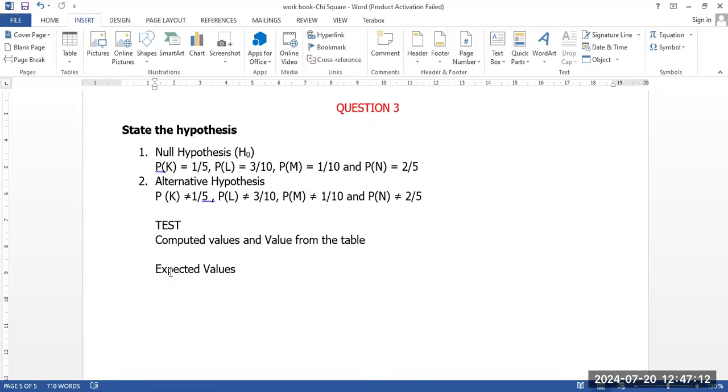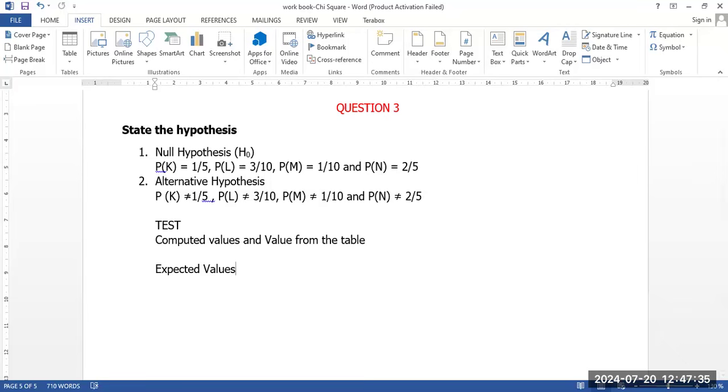You will not use the other concept of row total times column total divided by overall total. That formula will not apply here because you have probabilities. And if you have probabilities, you need to know, are you given the overall total?